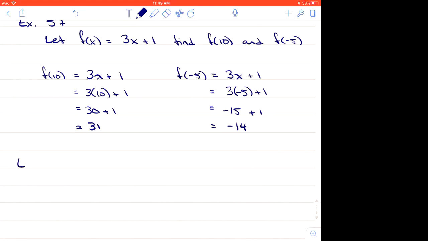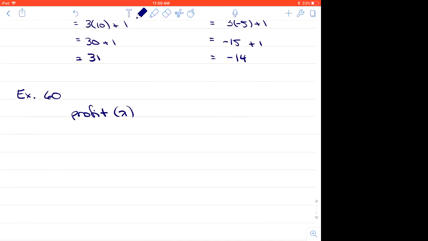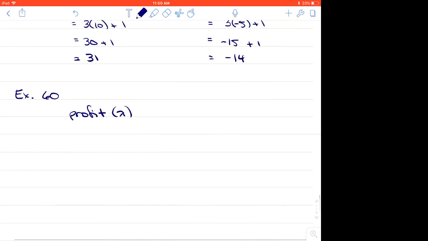But let's look at example 60, where I tell you that the profit of x, right? So here we have a profit function taking some value of x, probably how many units you sold, or how many hours you've worked or whatever, that you're making a profit off of, okay?